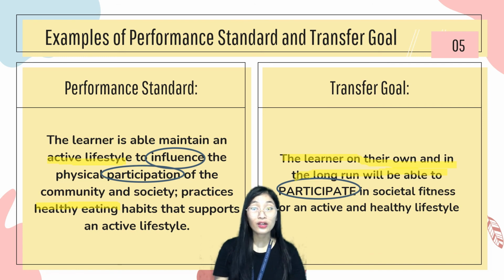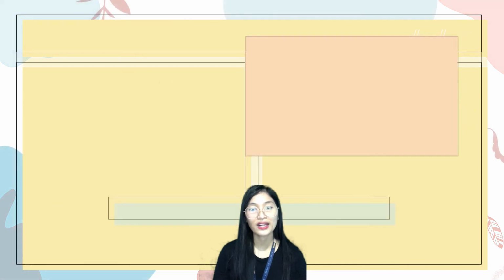So the transfer goal also contains the product or performance stipulated in the performance standard, which is the societal fitness or the maintenance of an active and healthy lifestyle.